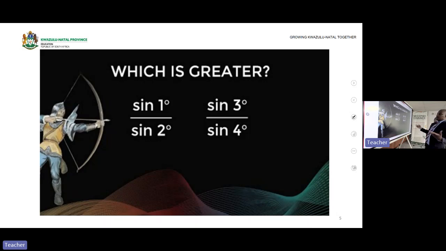The greater and the less, we look at when we are looking at inequalities. Sine of 1 degree over sine of 2 degrees, and sine of 3 degrees over sine of 4 degrees. But that was pointed at by what? By a bow and arrow, which is an indication that trigonometry has some relationship with the bow and arrow. That is fascinating.